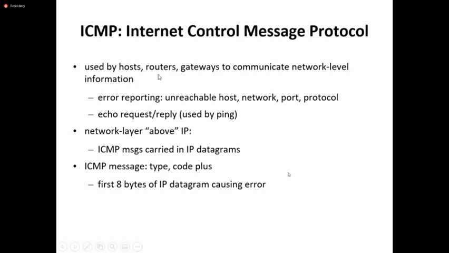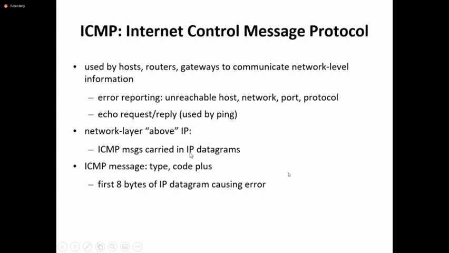It is used by hosts, routers, and gateways to communicate network level information, right? So error reporting. Sometimes you get this kind of message: unreachable host, network, port, protocol, or you get echo request and reply. This is used by the ping command.